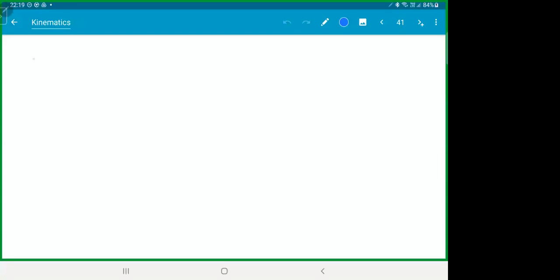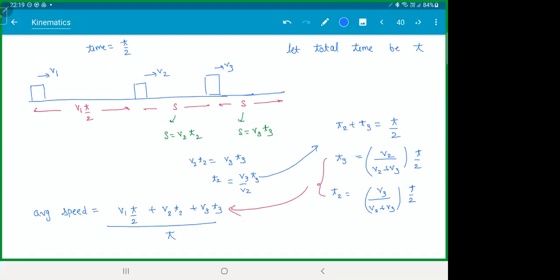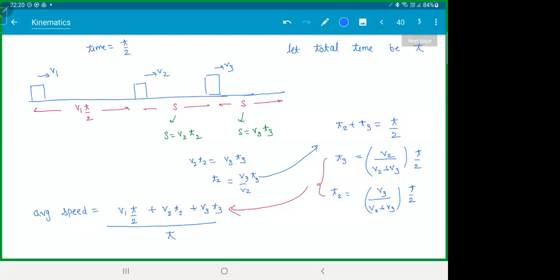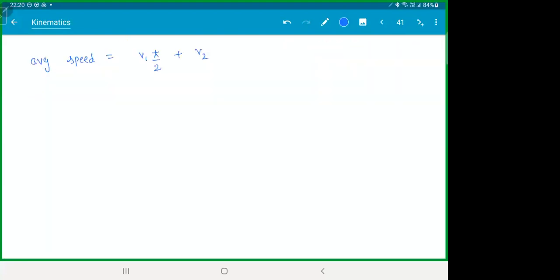Now let's substitute here. Average speed. This would be v1 t by 2. I don't have a problem with t. I have a problem with t2 and t3. v2, and what is t2? t2 is v3 by v2 plus v3 times t by 2. Like I said, numbers are not good. v3, and this guy would be v2 by v2 plus v3 t by 2.